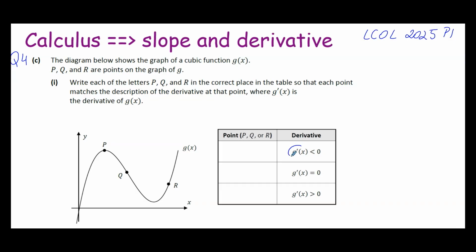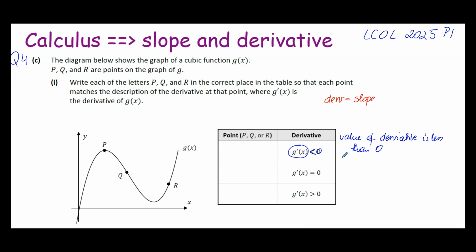Here they are saying that the value of the derivative is less than 0. In other words, the value of the derivative is the same as the value of the slope at that particular point.